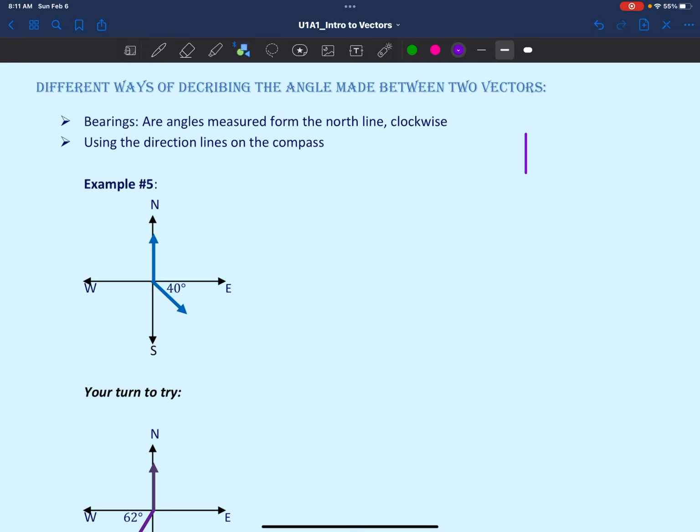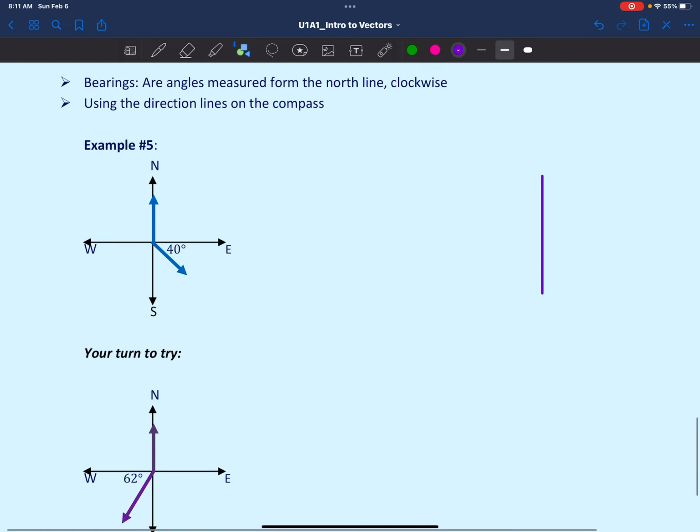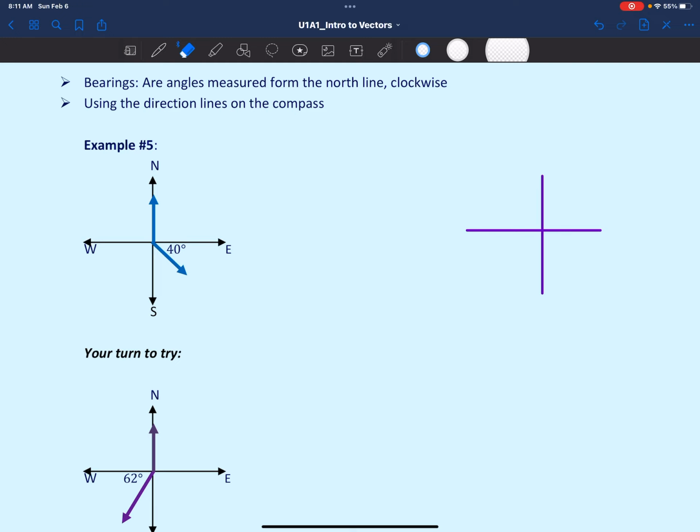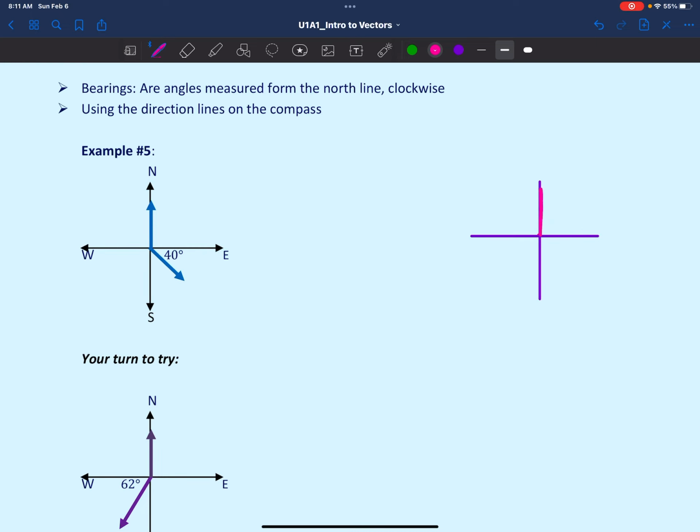So this would be the compass represented by these two lines. I'm just going to make this a little bit more perfect. Here we go. So we refer to the first one here as the north line.